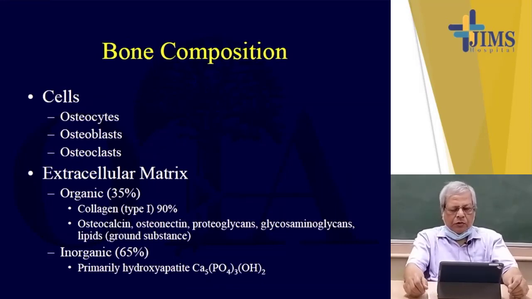A bone is composed of cells: osteocytes, which are resting cells; osteoblasts, which are bone forming cells; and osteoclasts, which destroy the bone. In every tissue in our body, formation and destruction goes on simultaneously, side by side.